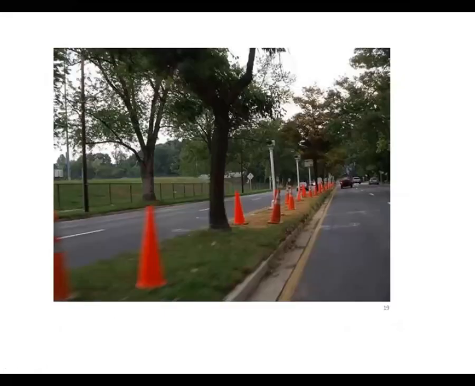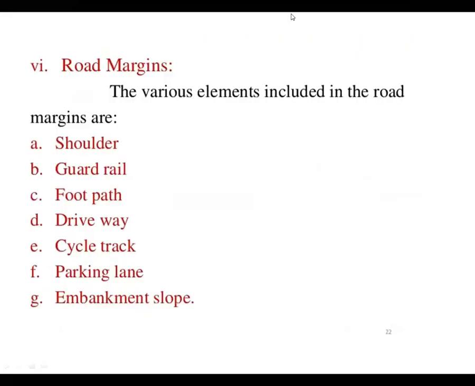So here there are some points like road margins, shoulders, guardrail, footpath, driveway, cycle track, parking lane, embankment slope. These are the horizontal distances or widths which are added in the roadway width.